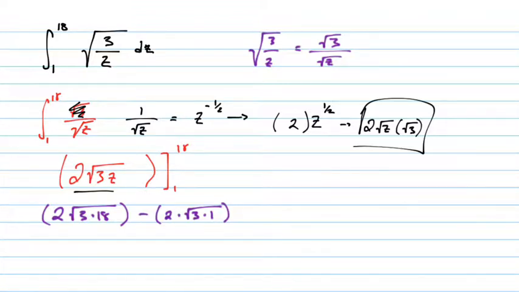You can leave it like that. The square root of 3 times 18 is going to simplify to 3 radical 6. So you'd have 6 radical 6 minus 2 radical 3 if you wanted to leave it exact. Of course, a decimal answer, if they don't specify, would be fine too. Any questions on that problem?